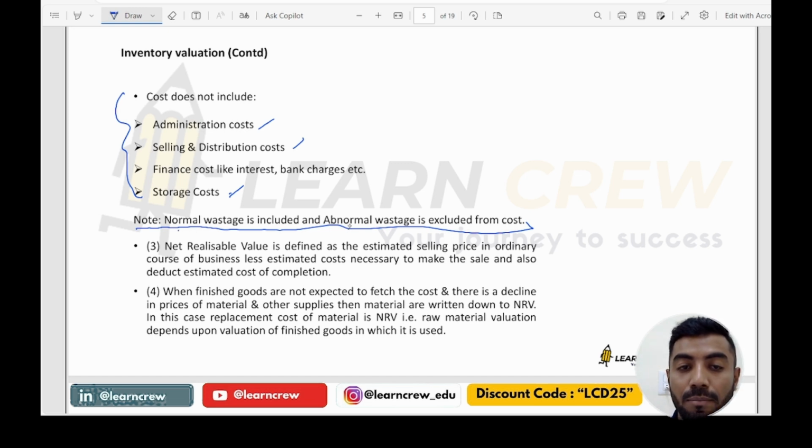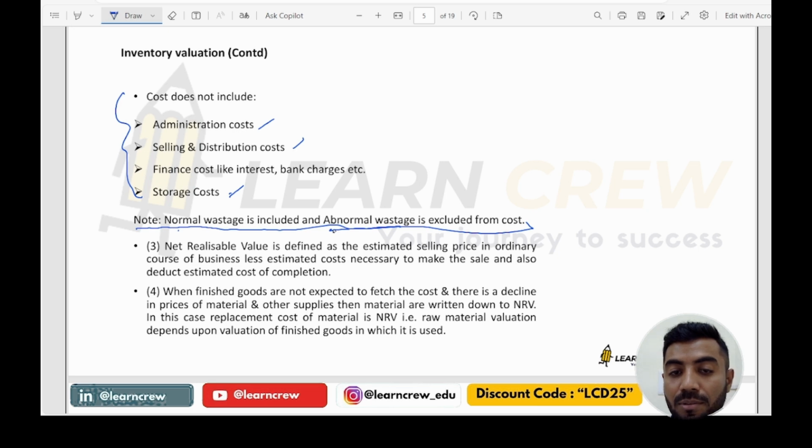Abnormal wastage is if, abnormally, fire has been caught in the production process. There's a fire, due to which the stock has been lost, or some theft has happened. All of that will be considered as abnormal wastage. Normal wastage will be given effect in the trading account directly.